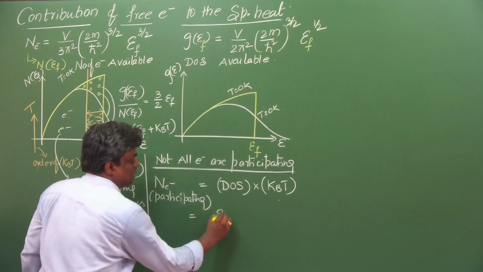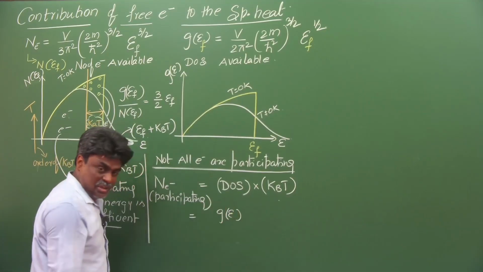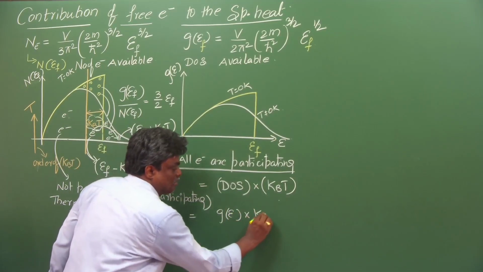So finally, this is the density of states. Could you please tell me what the density of states is? G of E. G of E into how much?